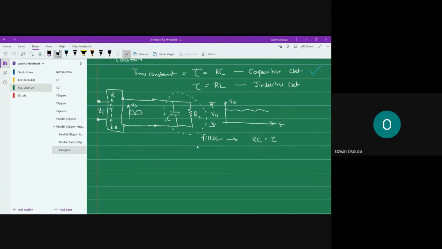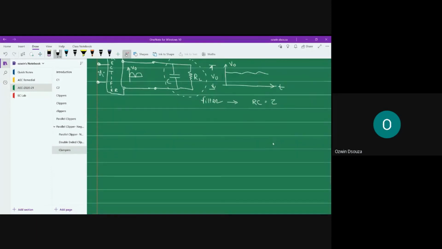So the losing of charge is related to time. The capacitor can quickly lose its charge, or it can retain its charge for a longer period of time. Since time comes into the picture, this performance parameter is called the time constant of the circuit.